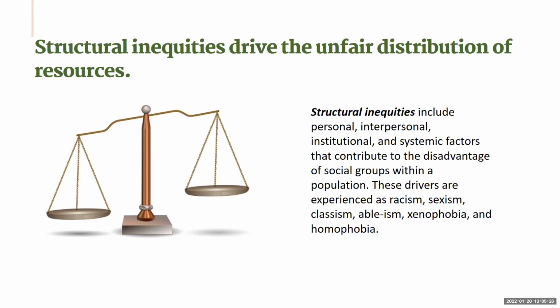The structural inequities include personal, interpersonal, institutional, and systemic factors that we'll dig a little bit deeper into in just a moment, but they contribute to disadvantage of social groups within populations. These drivers are mainly experienced in the form of discrimination. So it could be racism, sexism, classism, ableism, among others.